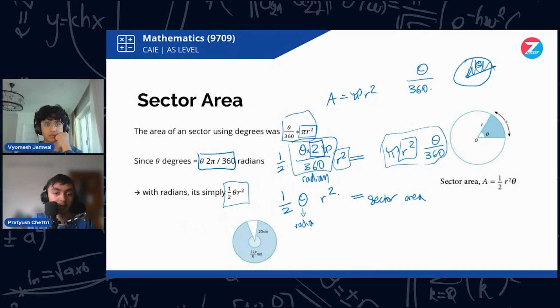Question 1, what's the shaded area here? Well, we know the radius is 20 cm. We know the angle is 11 pi over 6.